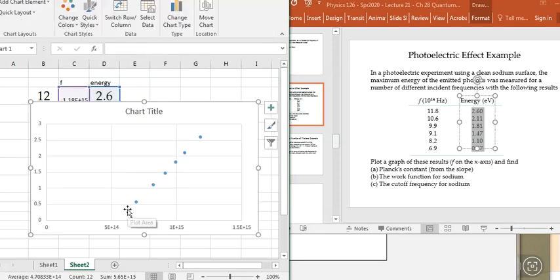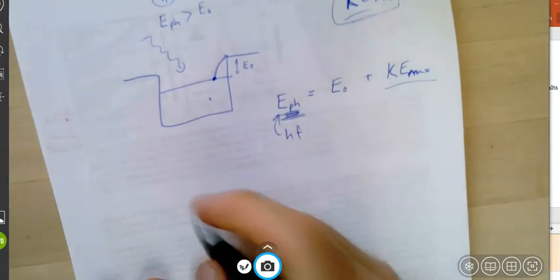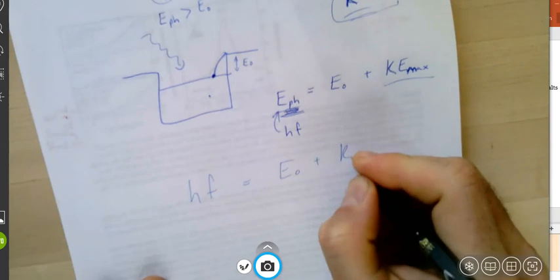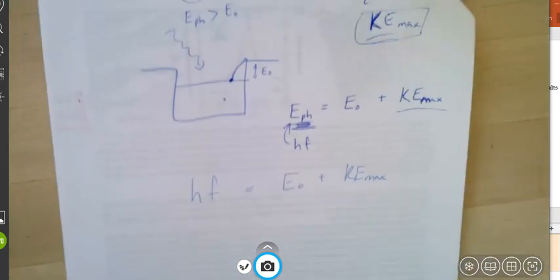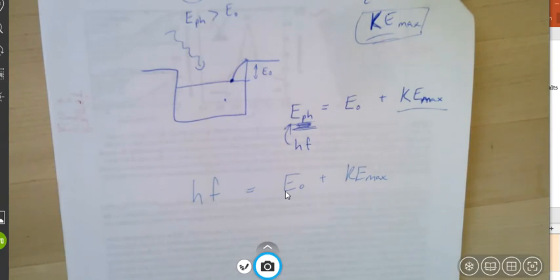And you can see here that if this equation is really true, that hf is equal to E naught plus the kinetic energy maximum, then we should be able to relate the hf to E naught and KE max.